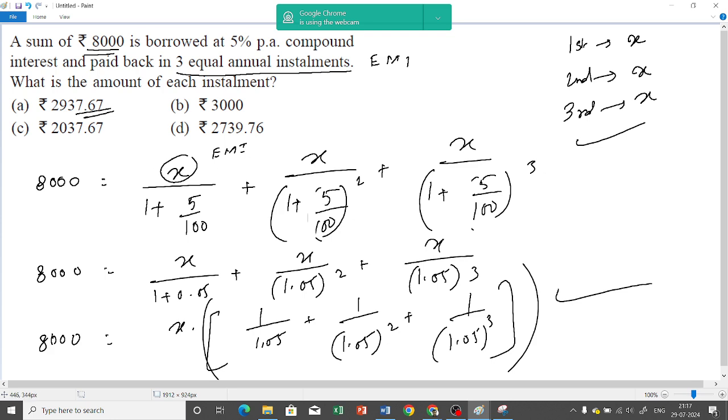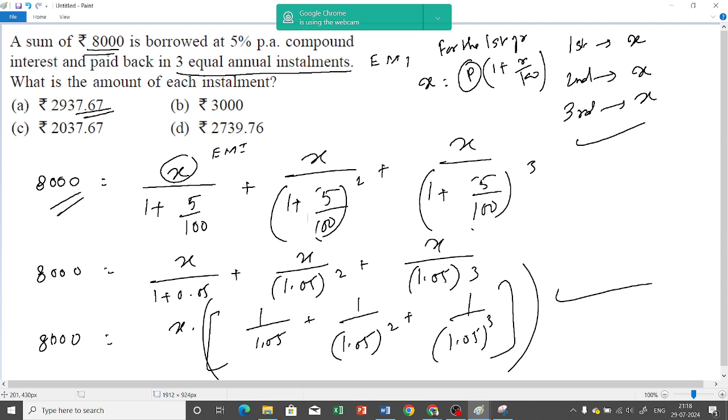Okay, for the first year, what are you going to pay? You are going to pay x. That equals p into 1 plus r by 100. Okay, so this p value is x divided by 1 plus r by 100, because 8000 is the money that you borrowed.